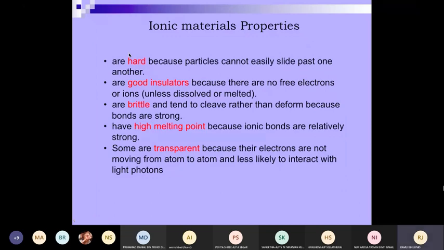Typically, materials with ionic bonding are hard, good insulators, brittle, have high melting points, and some are transparent.